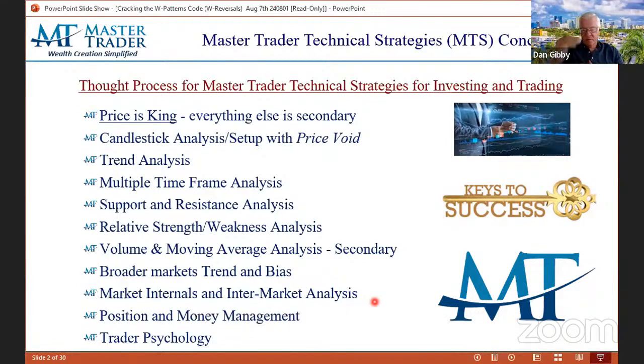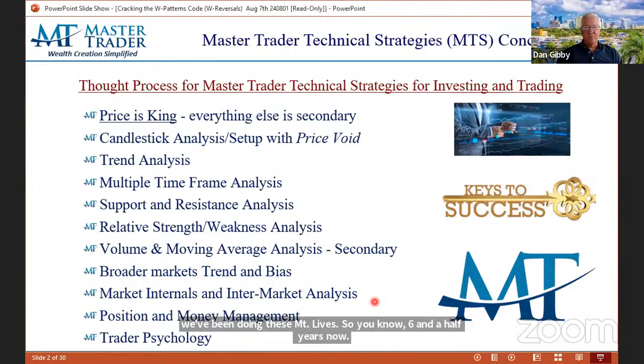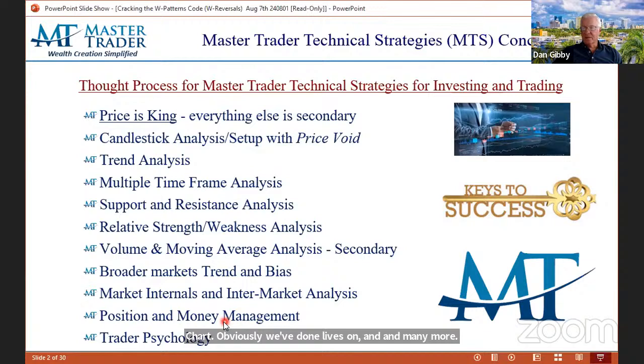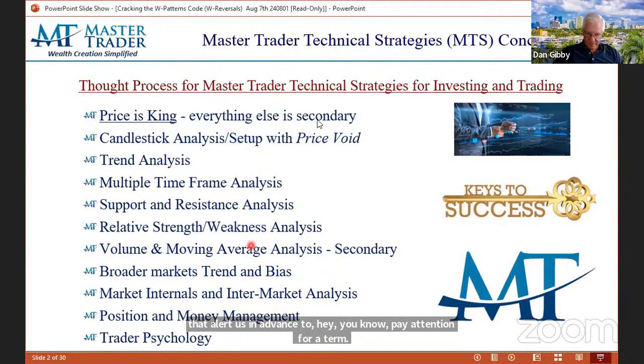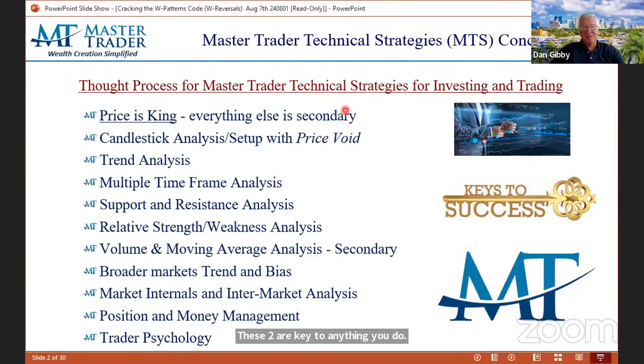We have different levels for swing trading or day trading that alert us in advance to, hey, pay attention for a turn. These two are key to anything you do: position and money management, trader psychology. I mean, we're running a business here. Greg always says we should put these two up top, and there's truth to that.